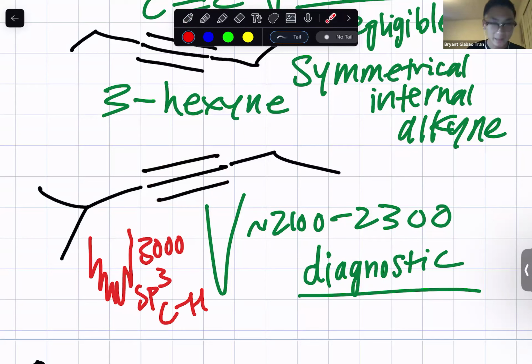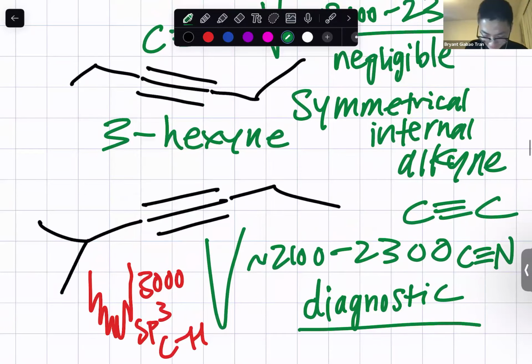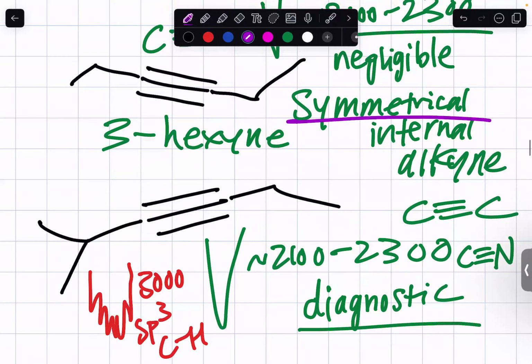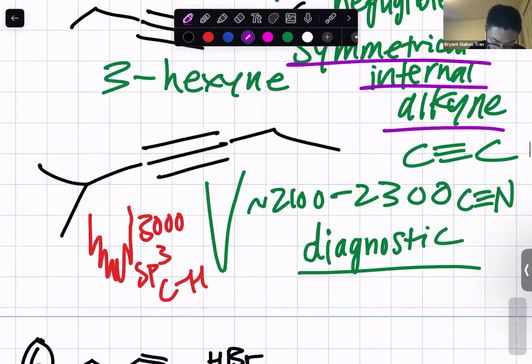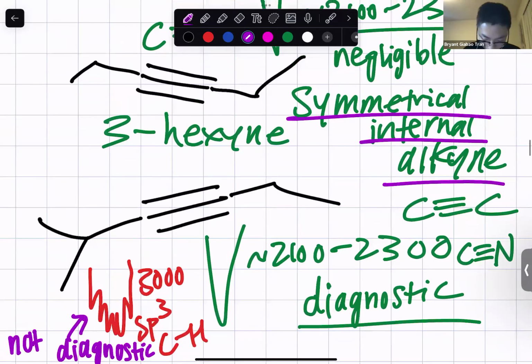But this peak here is diagnostic because it tells us exactly that we have a triple bond, either an alkyne or a nitrile, like you said earlier. Does that make sense? Yeah. This one is not diagnostic because it doesn't tell us what functional group we have. That's just an alkane. Right. Okay.